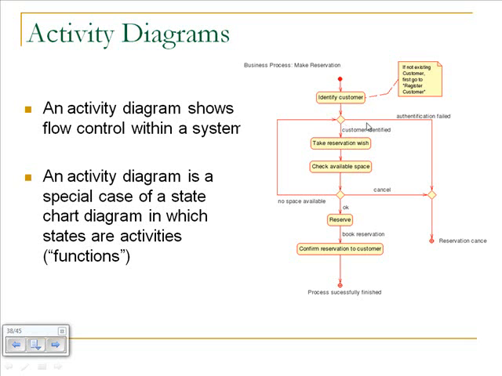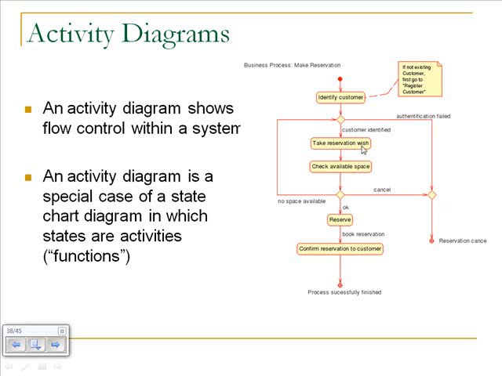Whenever you have an option to do different things, you're going to have this diamond shape. For example, here you start by identifying the customer. Then from here, you can either go here or you can go here. So if authentication fails, then you come here. If a customer is identified, then you come down here.